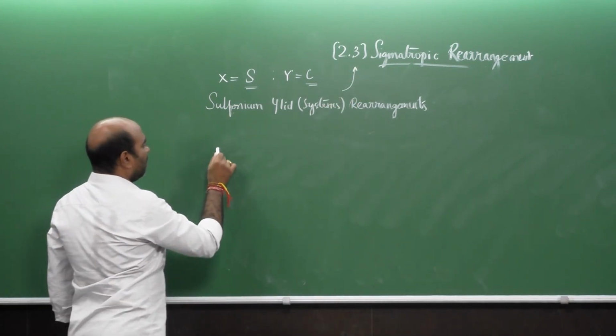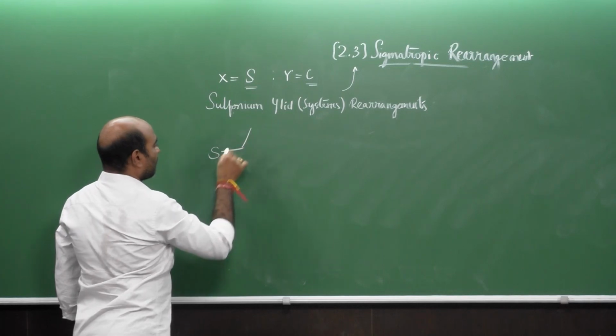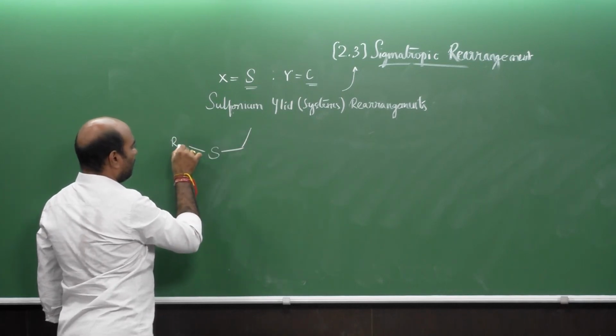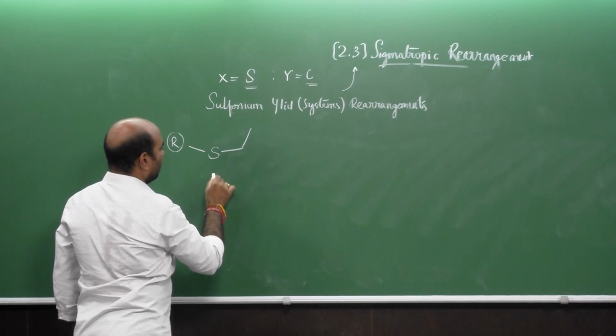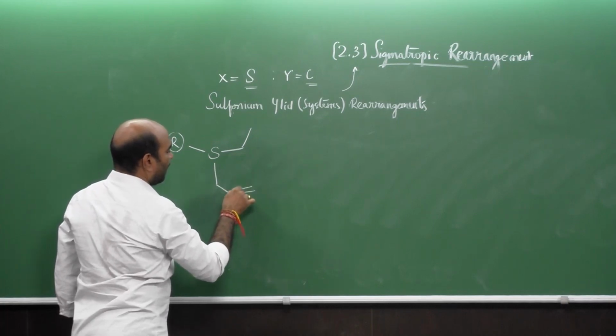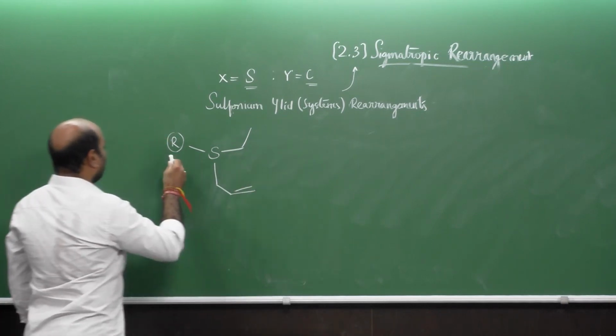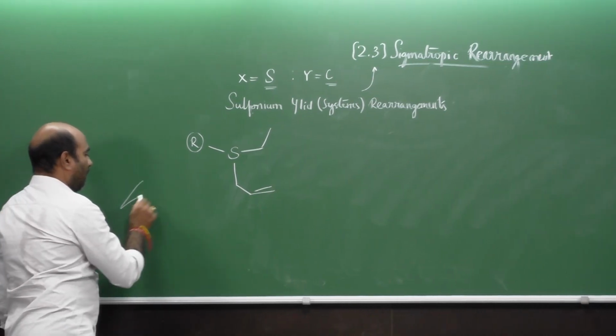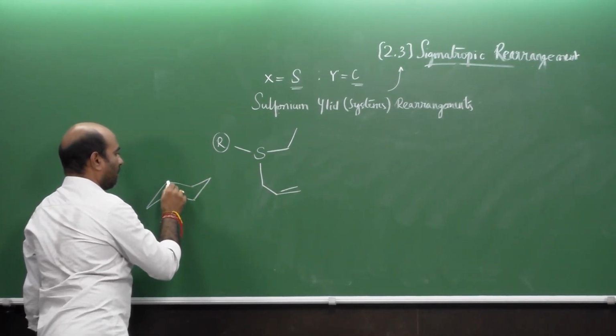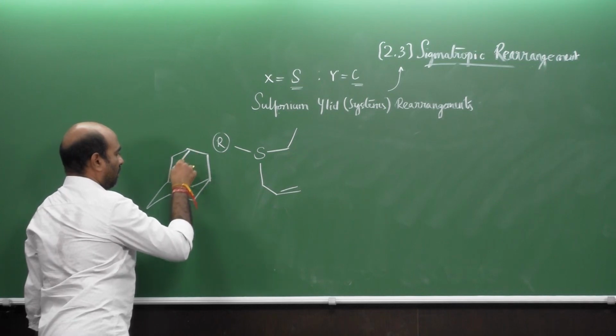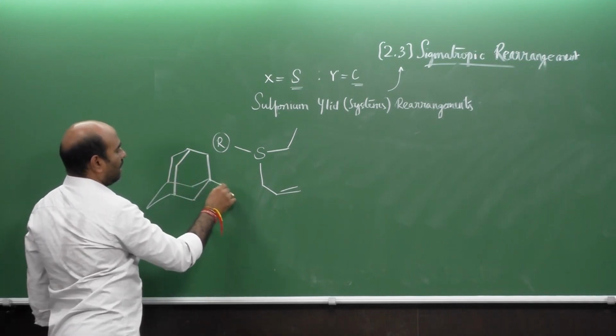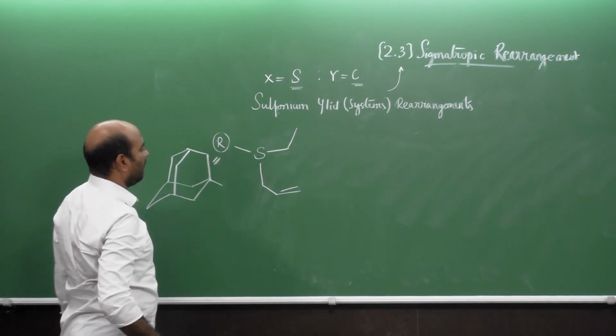For example, if you want to see this, the sulfur is attached to an R group, R may be anything, and an allyl group here. So, in this case, the R group is this one. So, this is the R group, right.